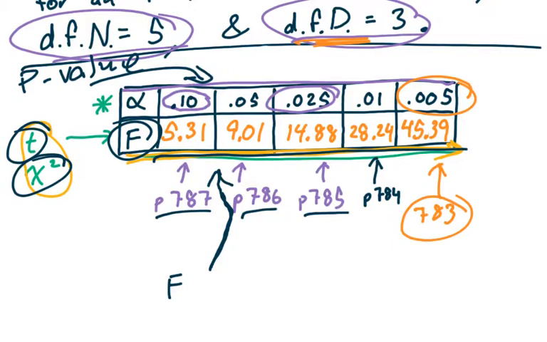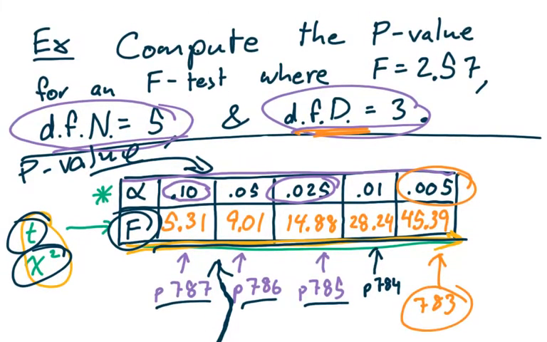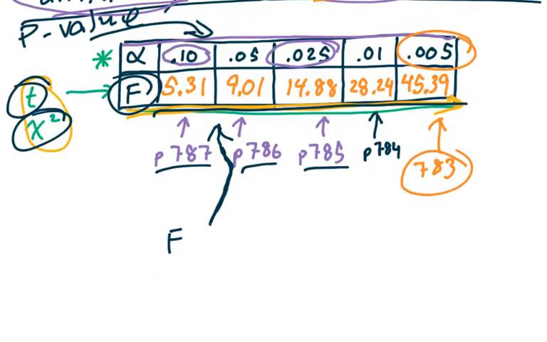However, it will give us a range that these values are in between. Okay, and if you scroll back up here, we have 2.57, and notice F equals 2.57 is not actually in between any of these values.